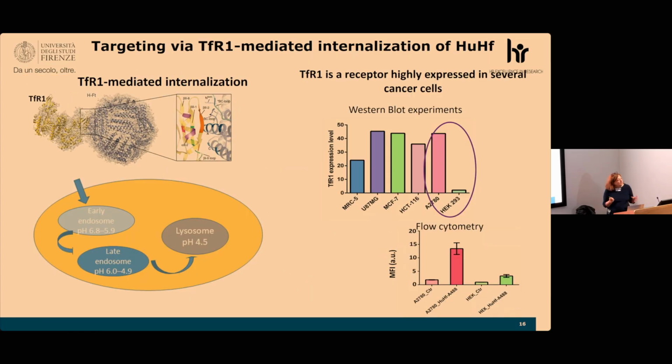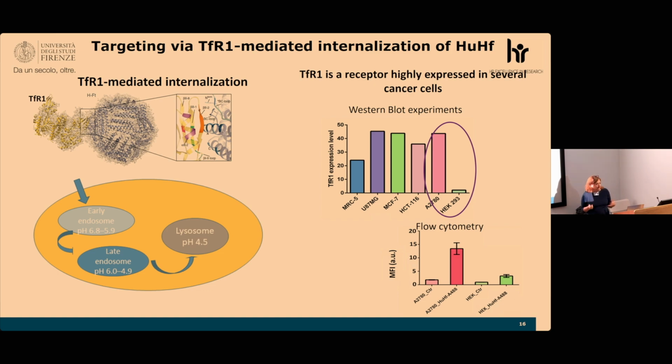So why could human H ferritin be a good carrier for targeting cancer cells? Because, as reported for several years by many authors, it can bind to transferrin receptor 1 and can be internalized following the classical endosomal lysosomal pathway.